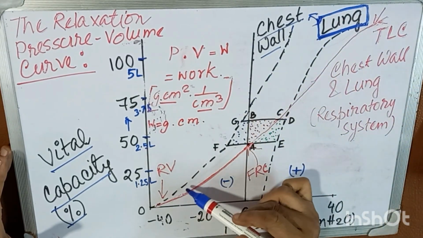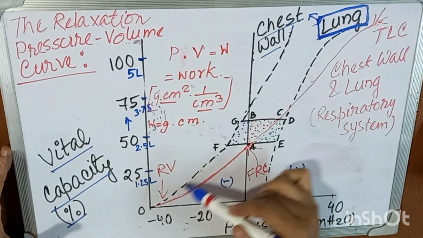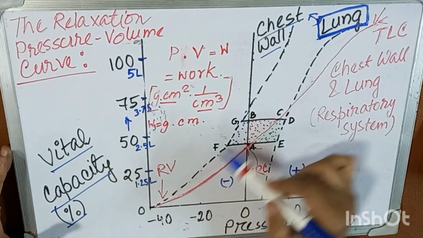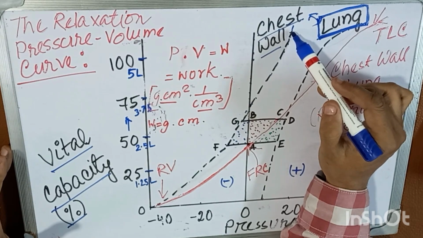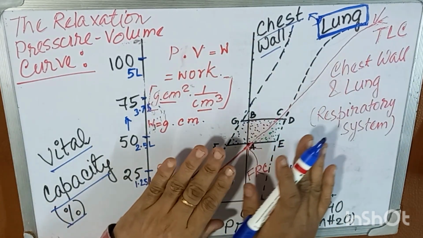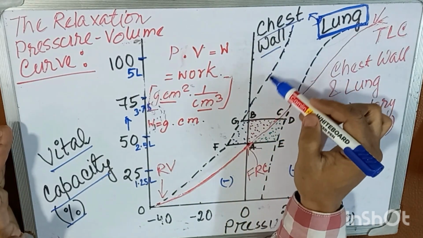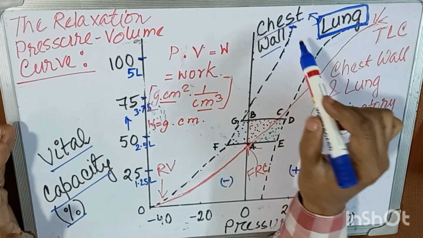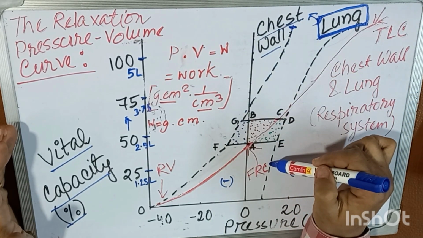And the chest wall is also independent from our body. While we draw this curve of the chest wall, it shows the inherent elastic properties of the chest wall. See the full expansion of the chest wall, where the lung volume is so low.